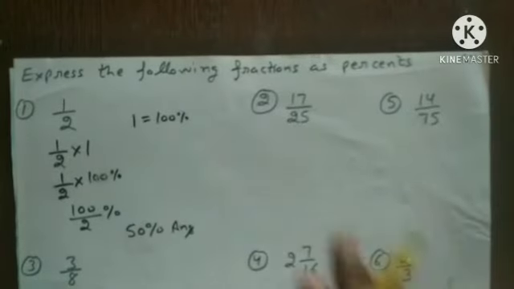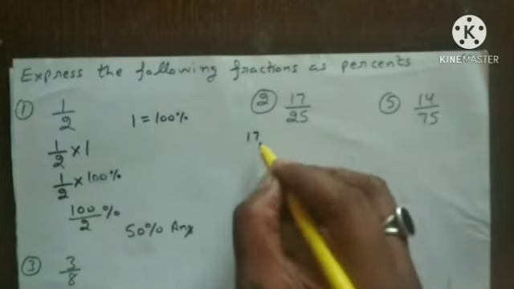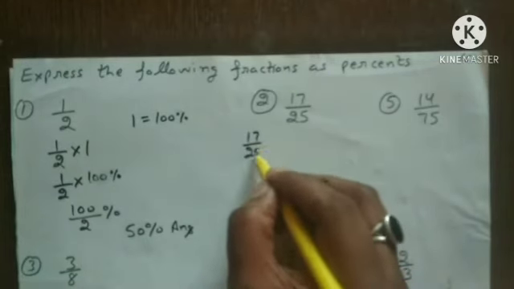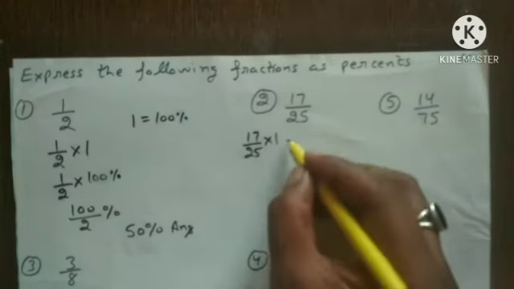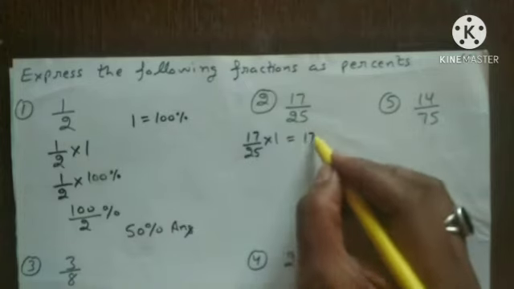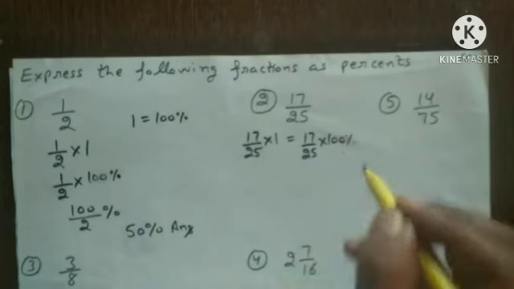So student, in the second question, we will see 17 by 25. Now 17 by 25 can be written as 17 by 25 multiply 1. Now we know what is the meaning of 1. The meaning of 1 is 100%.